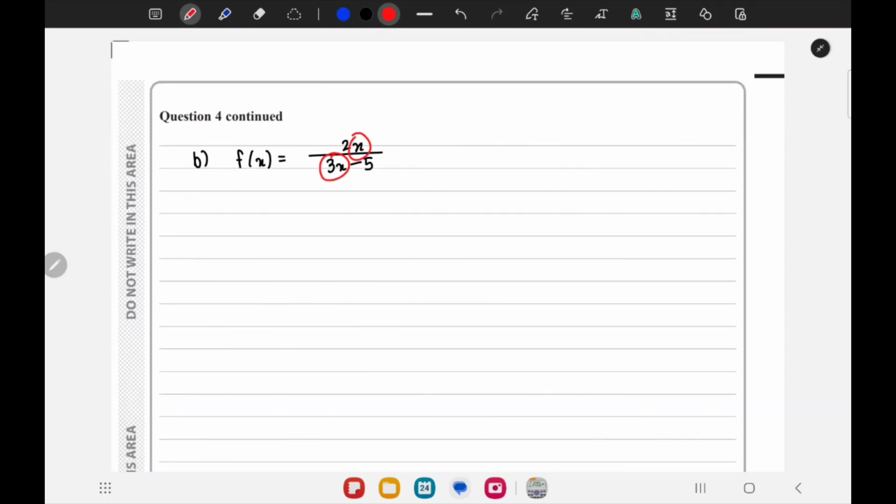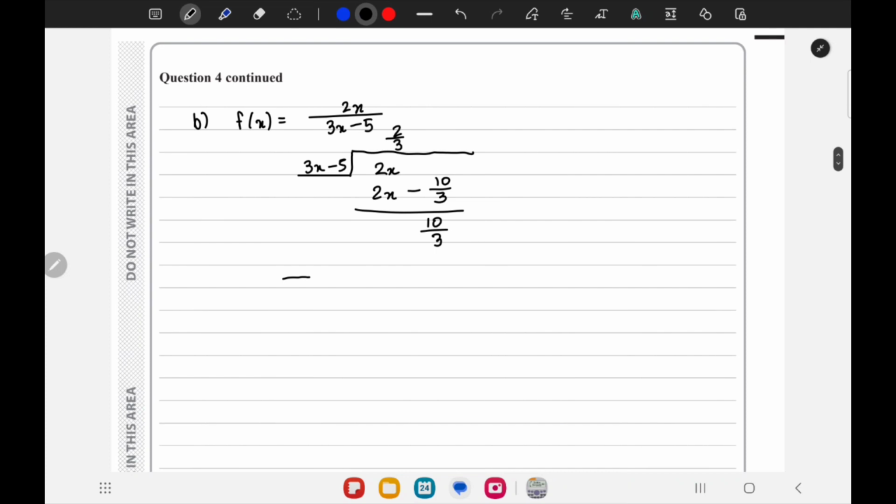Since the power of x on the denominator and numerator are the same, we'll have to use long division at first. So 3x minus 5 by 2x. So we'll have 2 by 3 over here. We'll have 2x minus 10 by 3. So we'll have 10 by 3 here.